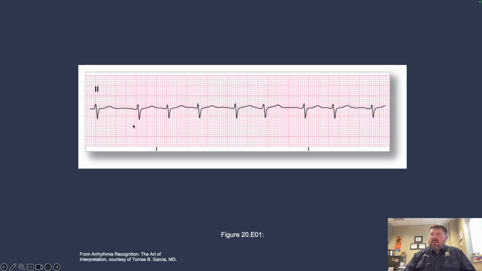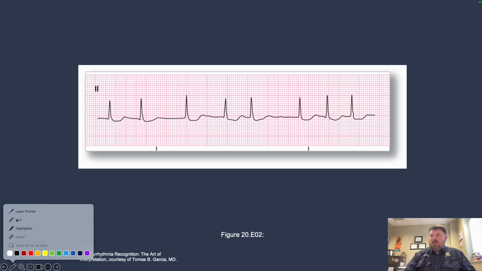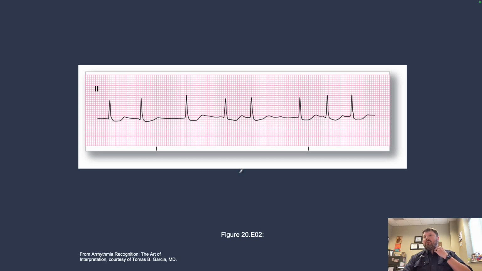So looking at this rhythm here, we don't see that it's really fibrillating, but we do see the absence of verifiable P waves, and we see that it is irregularly irregular. We don't see just a fibrillating baseline, but my rate is 2, 3, 4, 5, 6, 7, which is 80. My rhythm is irregularly irregular.